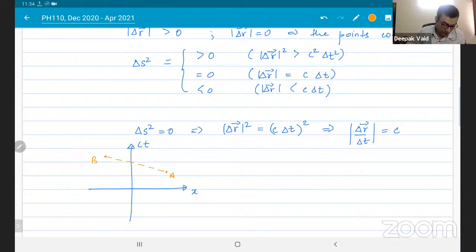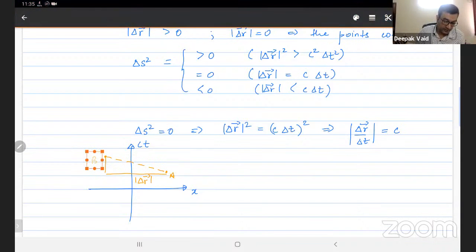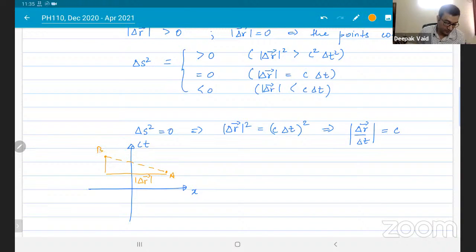Why is that? Why is it 0? Because when I look at delta r, what is delta r? Delta r is the spatial part. So what will that be? That will be this part, right? And delta t is the temporal separation between the two points, right?